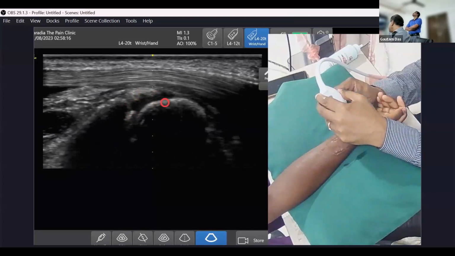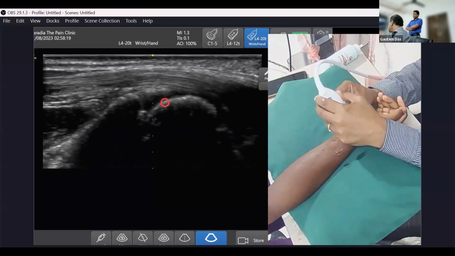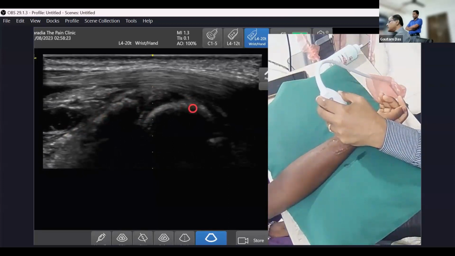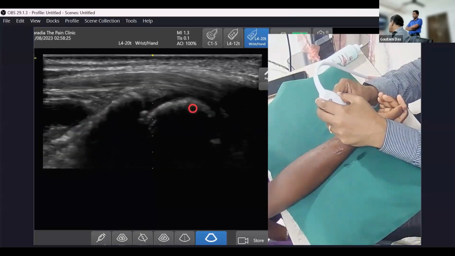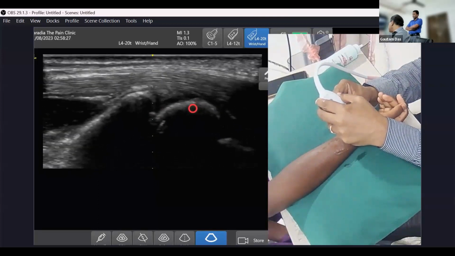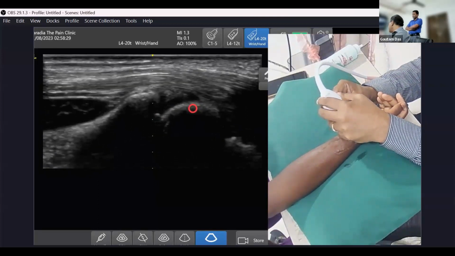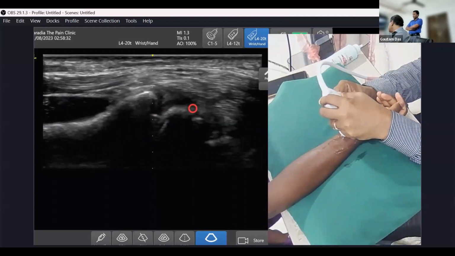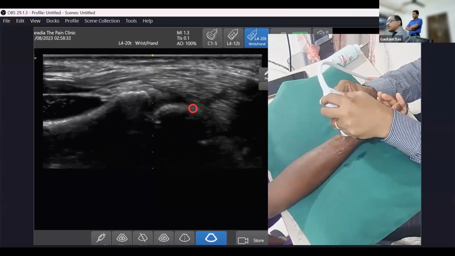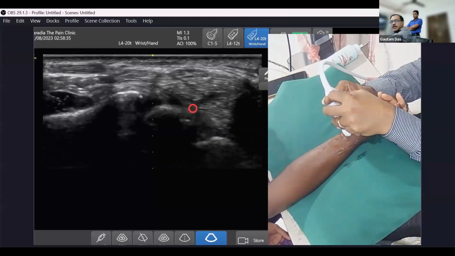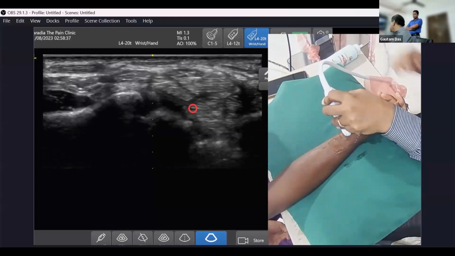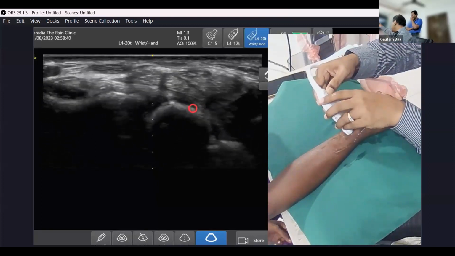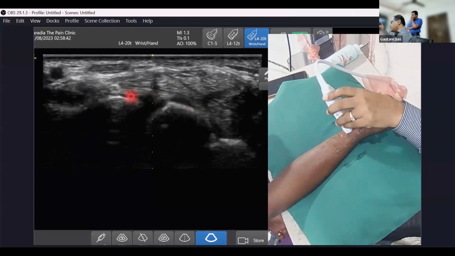This is your radius. This is your lunate. Now if I'm sliding the probe more towards the edge of the radius, look at how I'm holding the probe, then this ligament is your long radial lunate ligament.